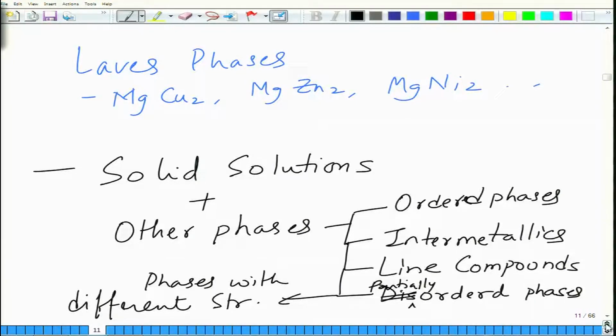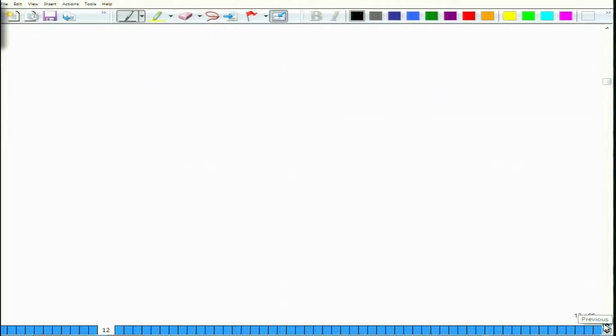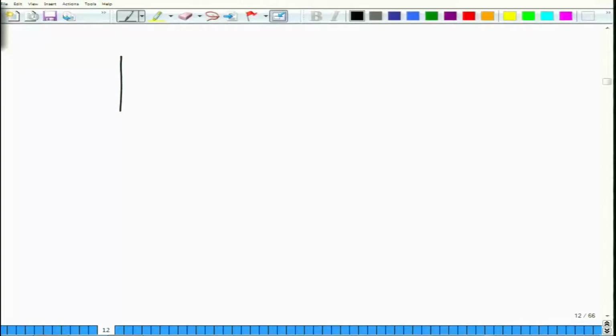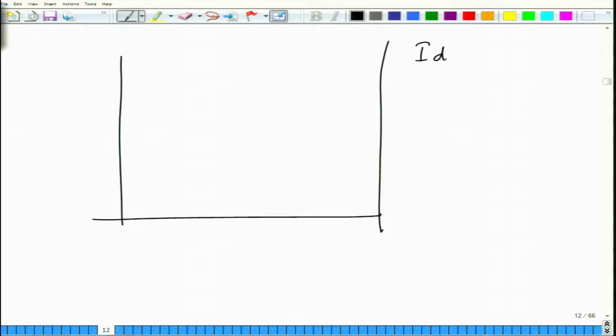So, now we know that in real solutions things are a little bit more complicated as compared to ideal systems. They do not make extended solid solution all throughout. If it was an ideal solution, what you will obtain is, if you plot free energy versus composition at a constant temperature and pressure, generally pressure is kept at 1 atmosphere.